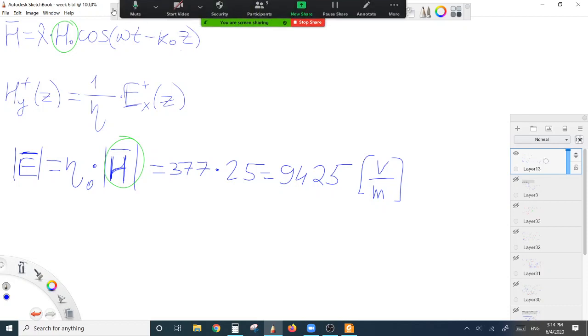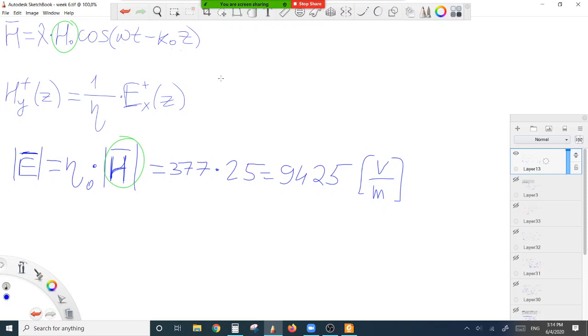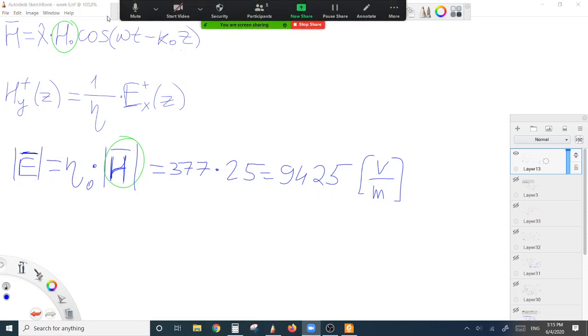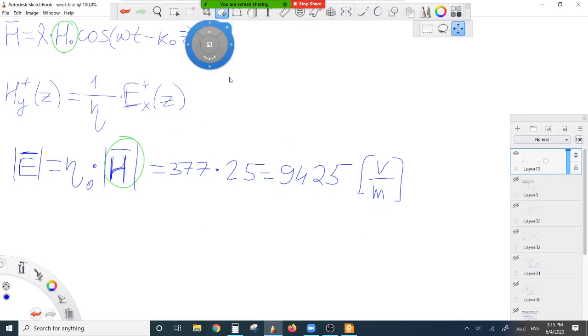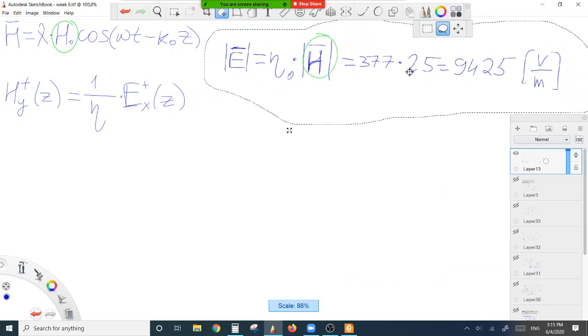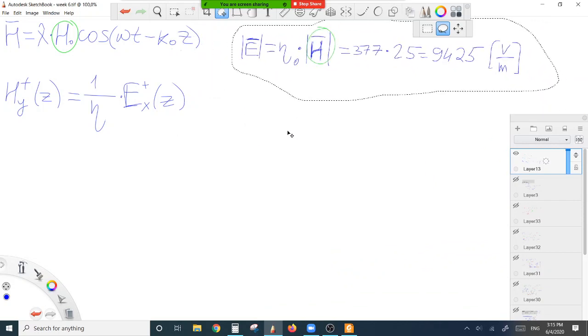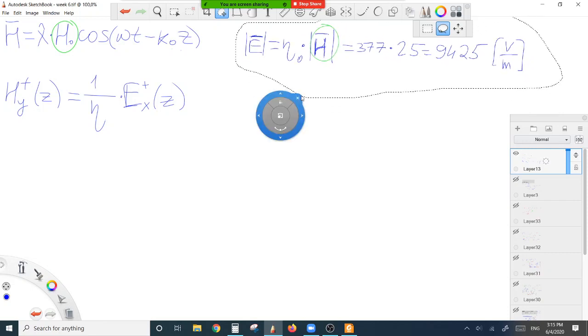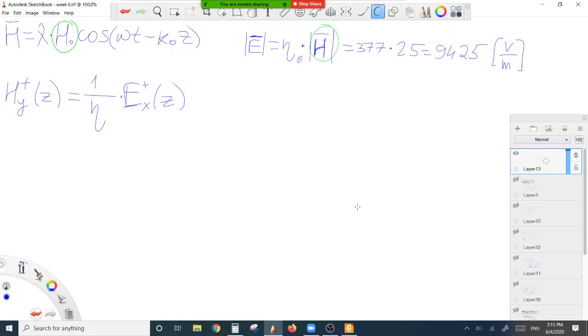Okay, what about the direction of the electric field intensity?